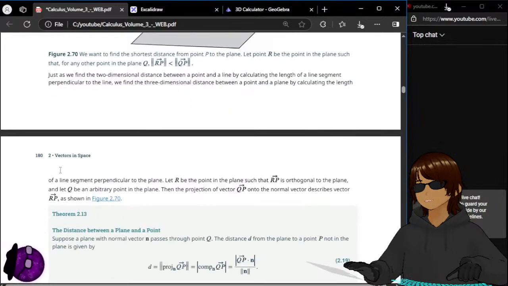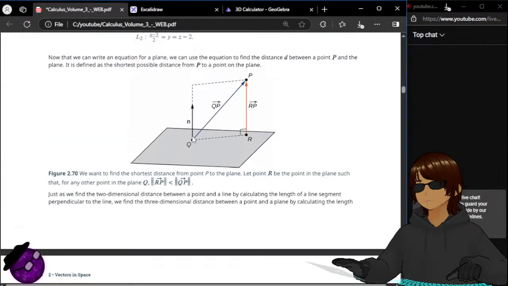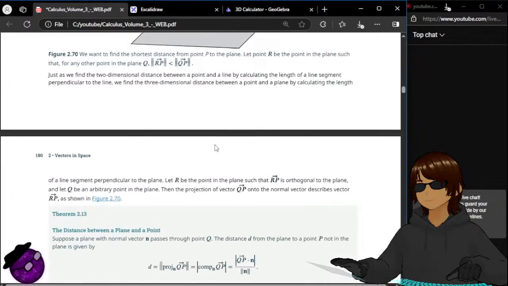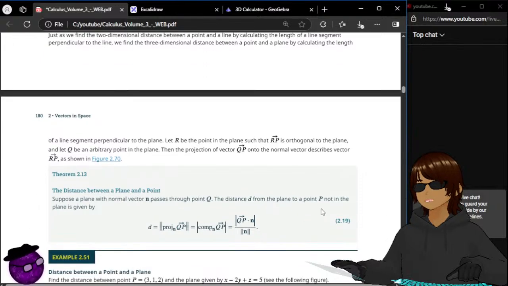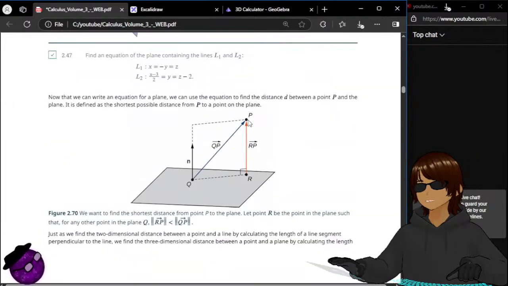The distance between a plane and a point. Suppose a plane with a normal vector n passes through point Q. Okay. The distance d from the plane to a point P not in the plane is given by this. So a distance d. So this is QP.